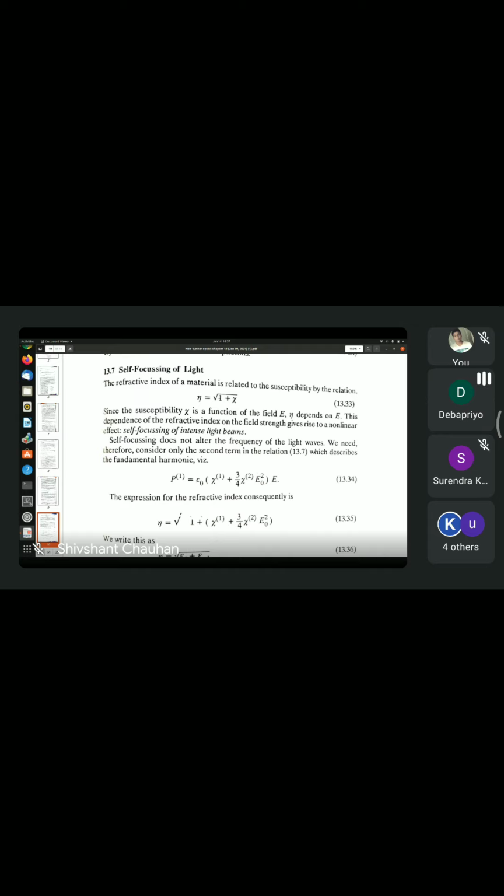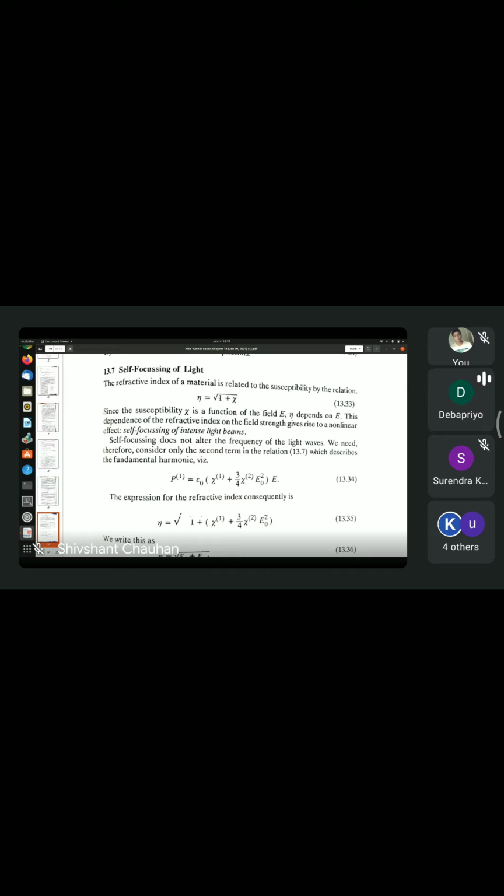Now, to show how this happens, you first remember that the expression for the refractive index is equal to root over 1 plus chi, where chi is the susceptibility. Okay, so for low intensity beams, this chi is the same as chi 1.